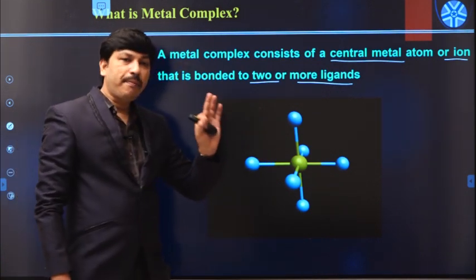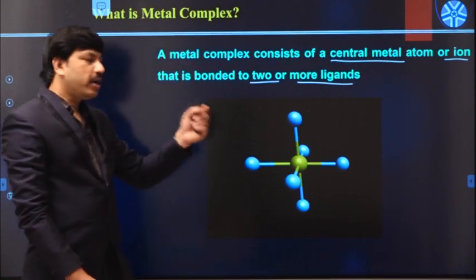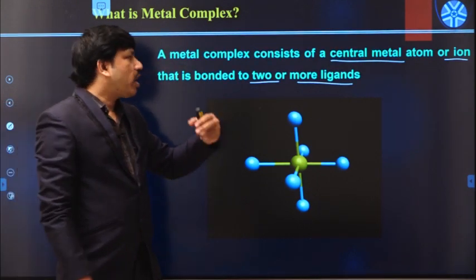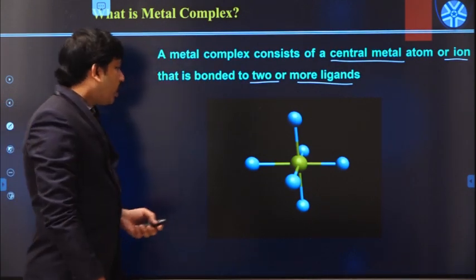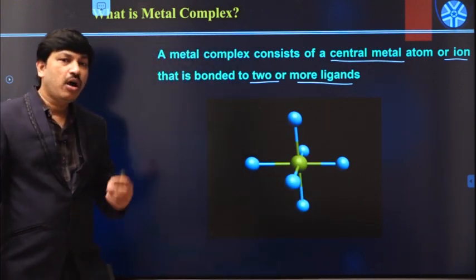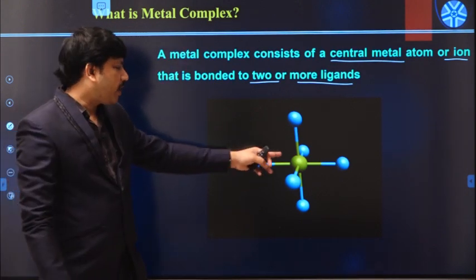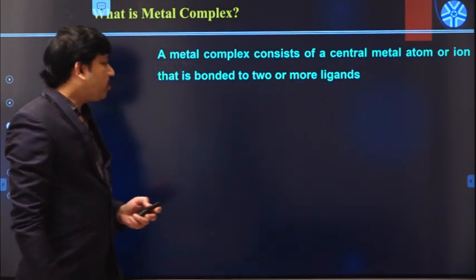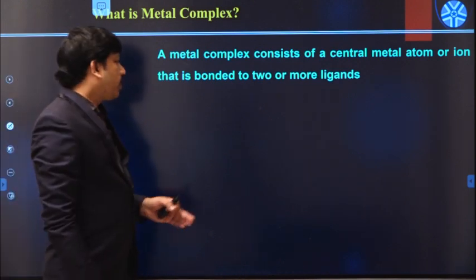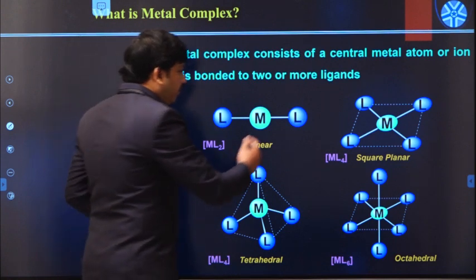So a metal complex always consists of one central metal atom that is surrounded by 2 or more ligands. The geometry of the metal complex mainly depends on how many ligands are attached to the center metal atom or ion. Depending on the number of ligands bonded to the metal center, we have different geometries.